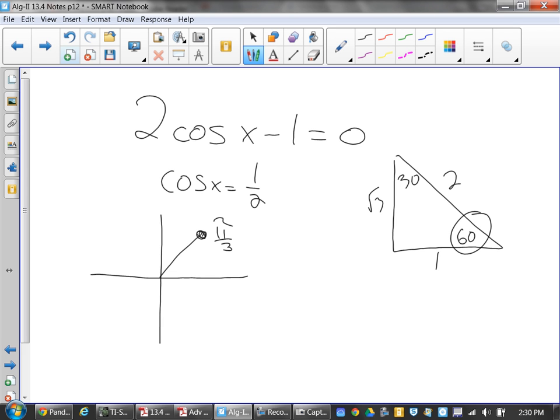So you want to be vertical to here. If my reference angle is pi over 3, down here it's going to be at negative pi over 3, 5 pi over 3. So the two solutions within one revolution that give me the answer of cosine of x equals 1/2 are pi over 3 and 5 pi over 3.